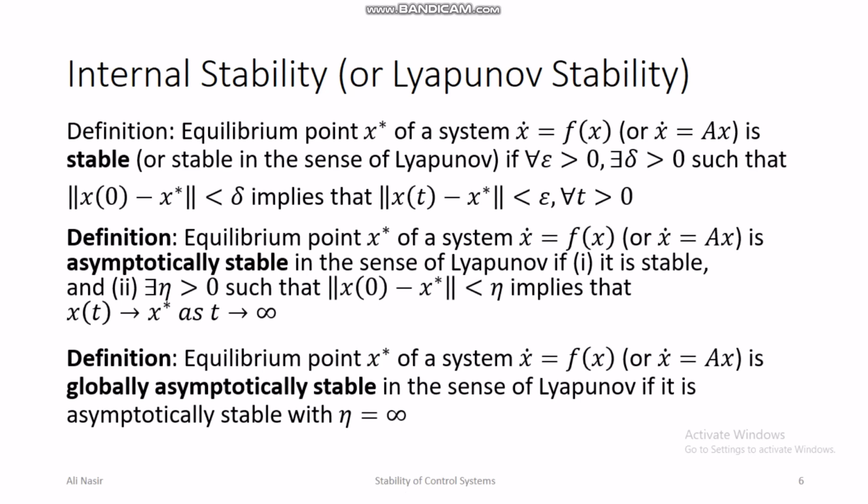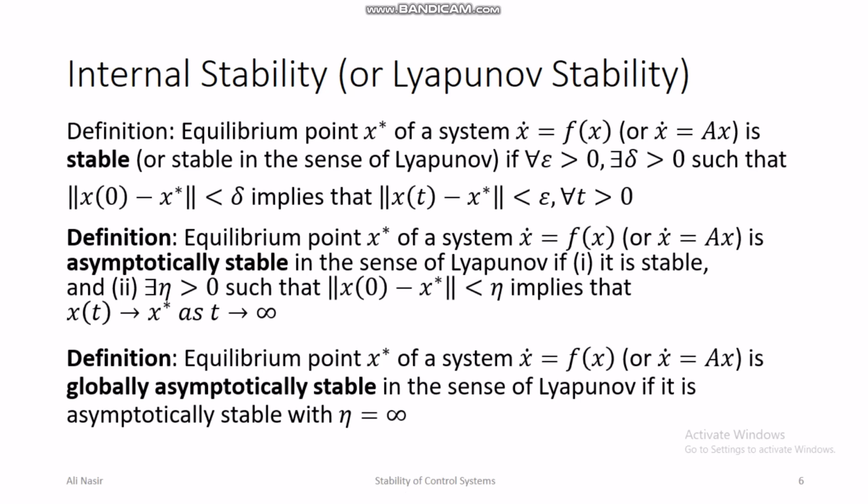For simple asymptotic stability, there is only a certain range about the equilibrium point within which the trajectories converge to it. But global asymptotic stability requires that the range is infinite, which means that no matter where you start, you end up converging to the equilibrium point.